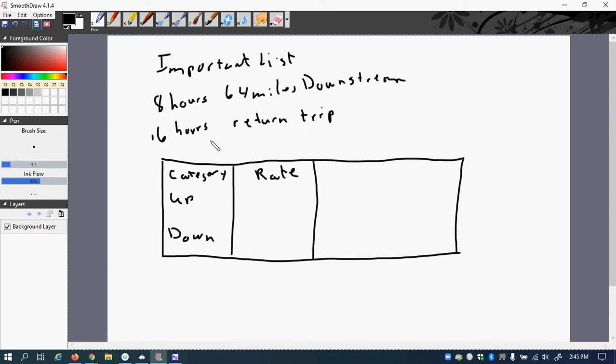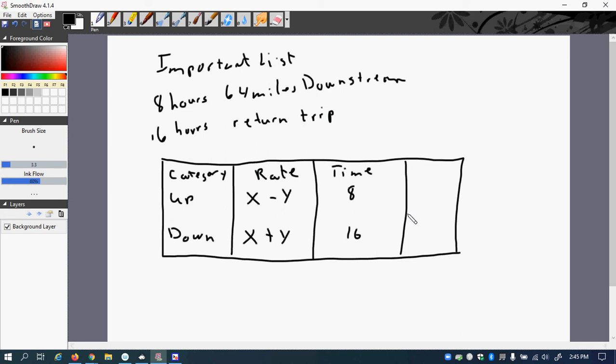So going up means it would be x minus y, because as I'm going up, I'm being pushed by the current. And then going down, I would be adding the current to me. And then your time, well, they told us it was basically 8 hours and 16 hours.